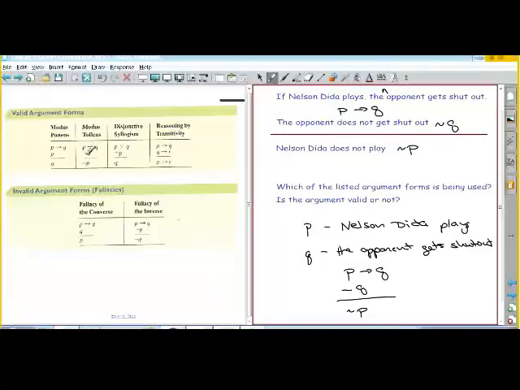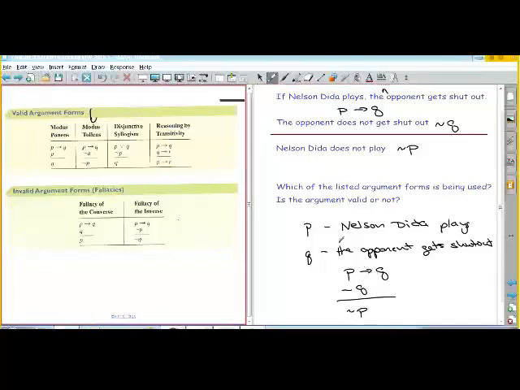So we look at these and see if we can find something that looks like that. Do we see one of these arguments that matches up with what we have here? You can see we've got if P then Q, if P then Q, if P then Q. Here we have not Q and we have not P. So this argument is a case of modus tollens, and it says it is a valid argument.